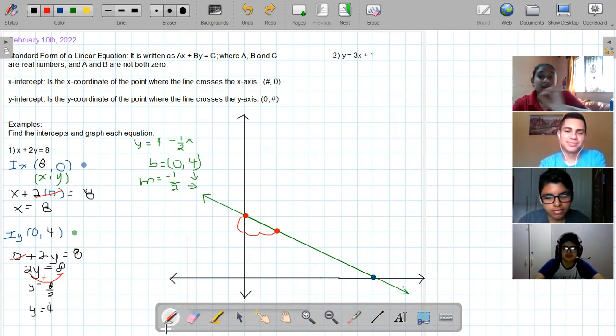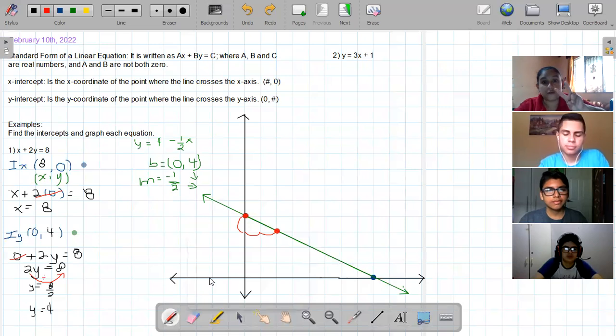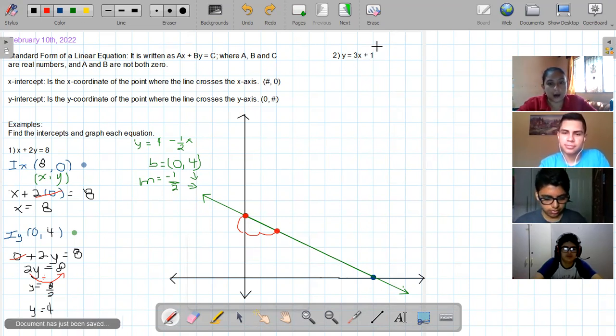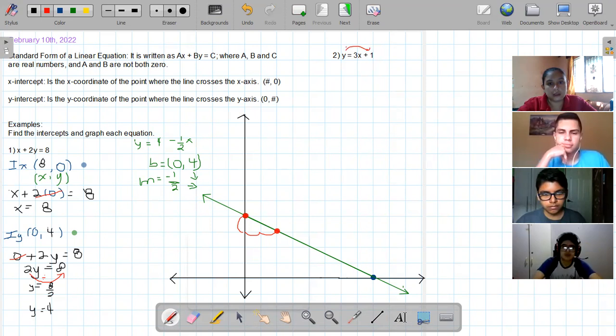That's slope-intercept form. Remember, slope-intercept form, you have the variable y completely alone on one side and positive. Standard form, you have both variables on the same side, okay? Now, if I want to write this as standard form, I just need to do a swap. Pass this y to the side where the x is and pass the 1 to the side where the y is, okay?